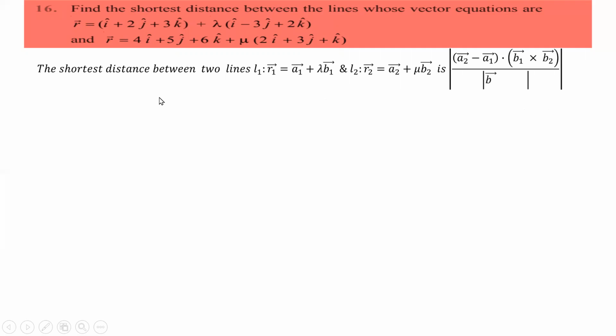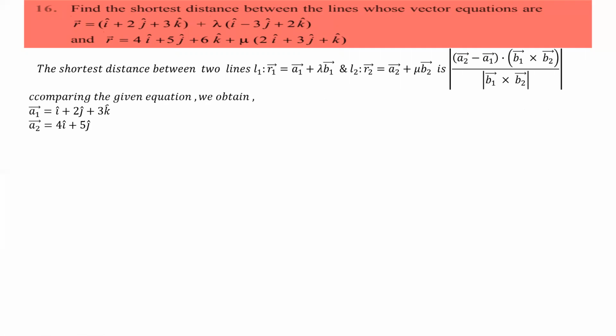And then compare the formula with the given equation and rewrite the values of vector a1, vector a2, vector b1, vector b2. I'm not repeating these things. You can compare the equation and you can easily write down the vectors.